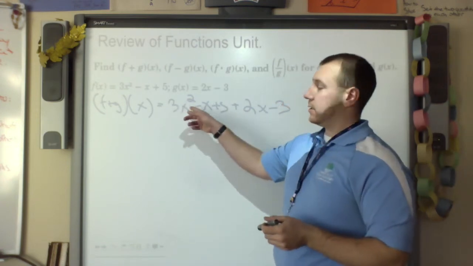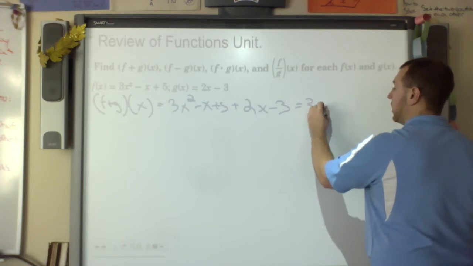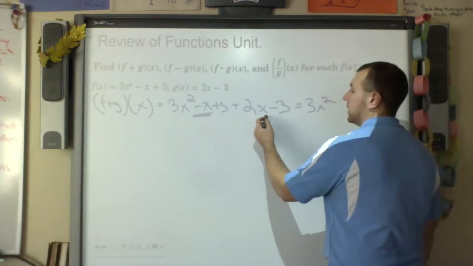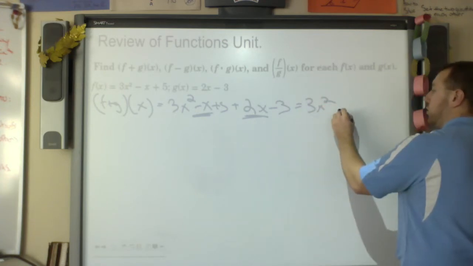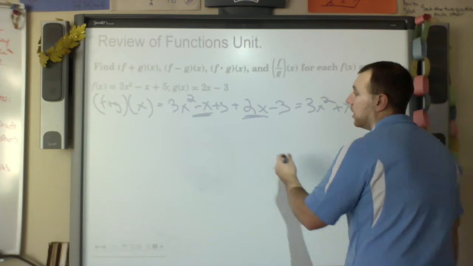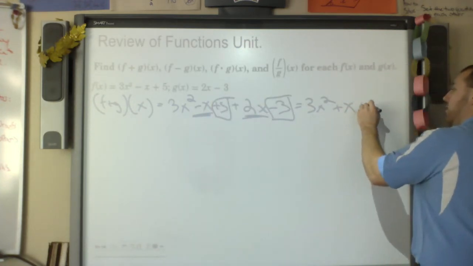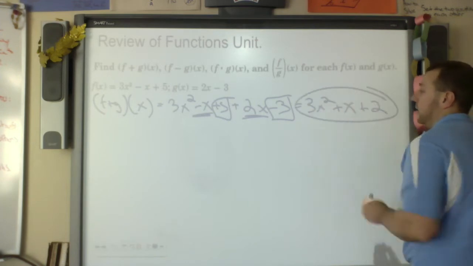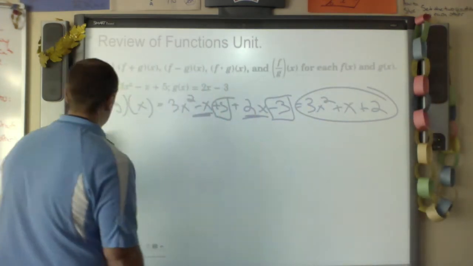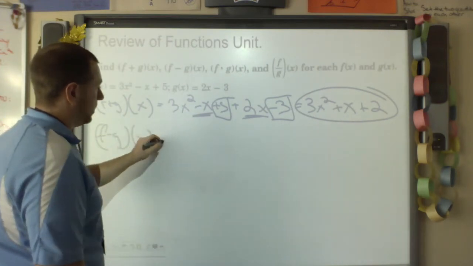Well, this 3x squared isn't a like term, so I leave it. I then can combine this minus x and this 2x to a plus x, or a plus 1x if you want. And then plus 5 minus 3 becomes a plus 2. And that's my answer.